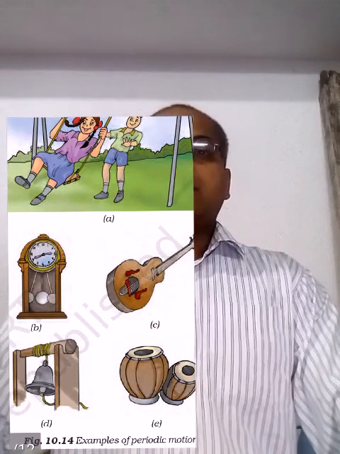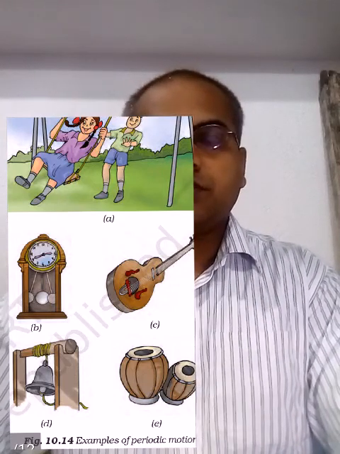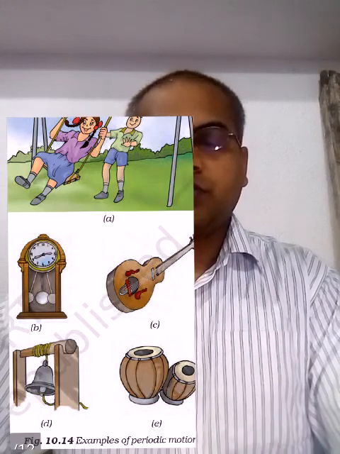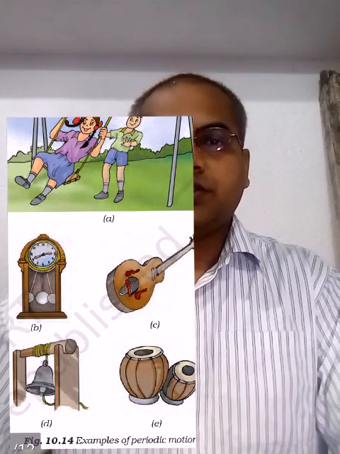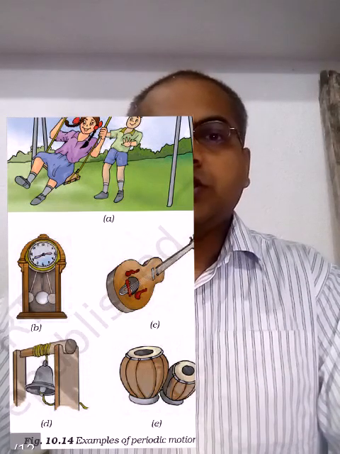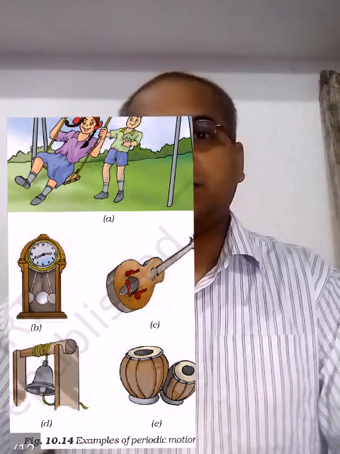Now today we will discuss the next type of motion, that is periodic motion. The motion of an object which repeats itself after the same interval of time.